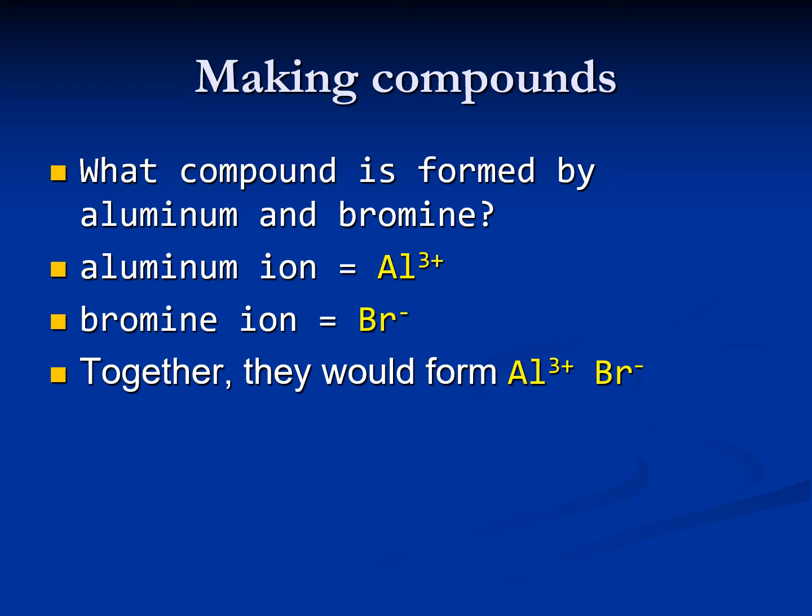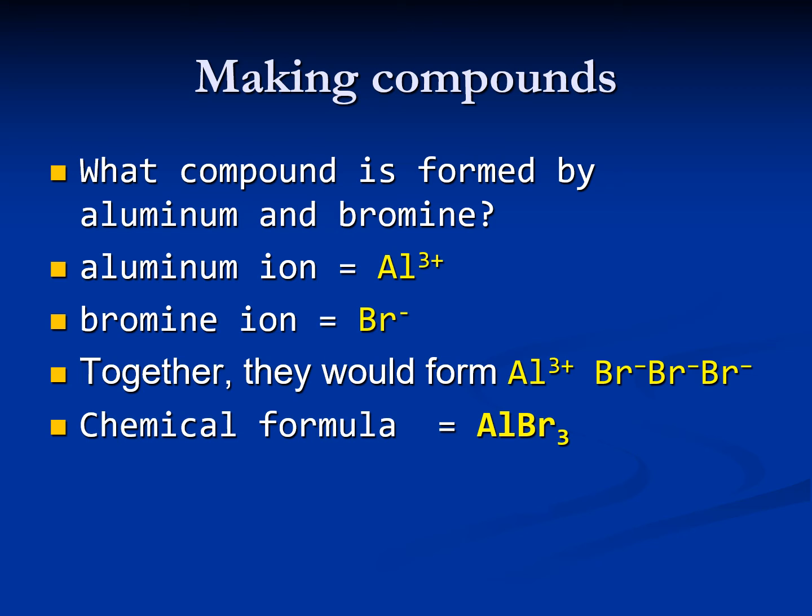It does not add up to 0. We need another bromine and yet another bromine. We need a 3-to-1 ratio. So we can write AlBr subscript 3. But we'll call it aluminum bromide. Again, we do not have to give the number of bromide ions.